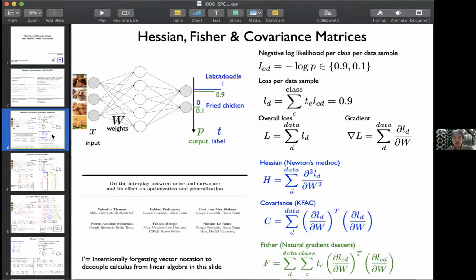Okay, so here is my attempt to give the most mathematically simple explanation of the techniques that we are using. So I'm keeping things at a minimum. I'm intentionally not using vector notation to decouple the linear algebra side of things from the calculus.